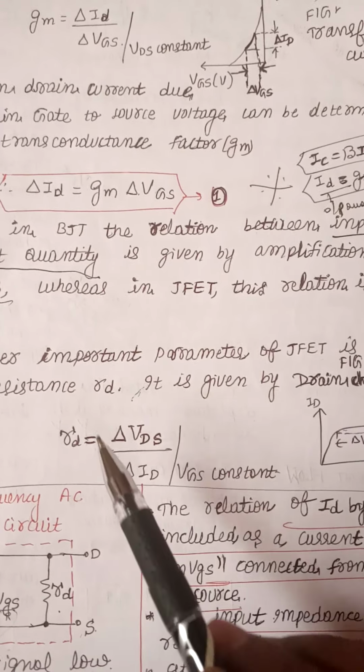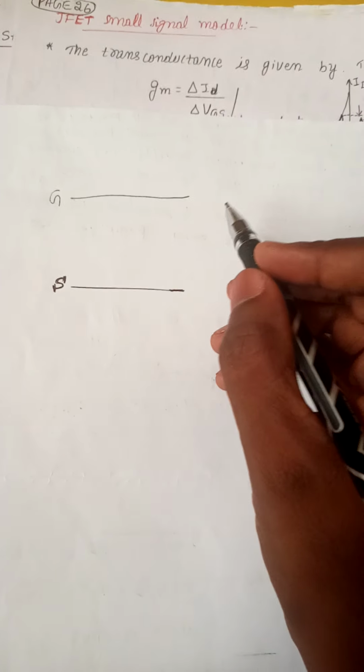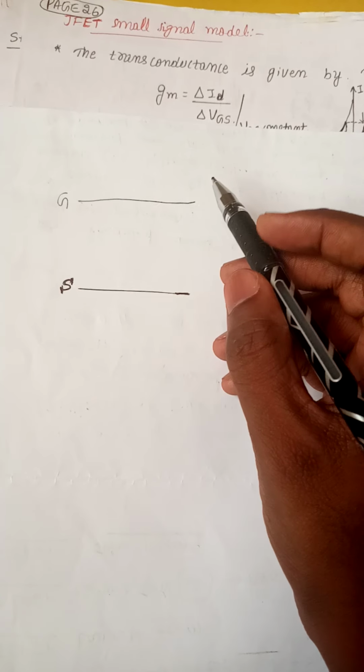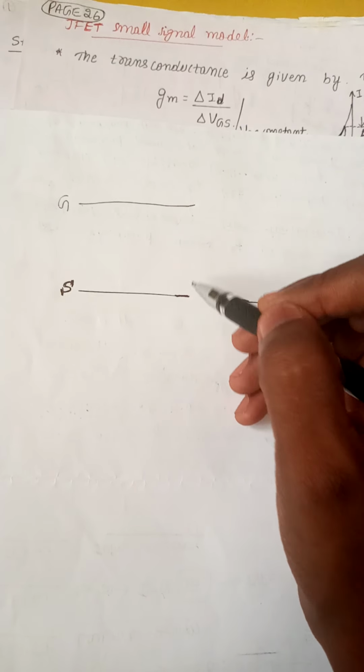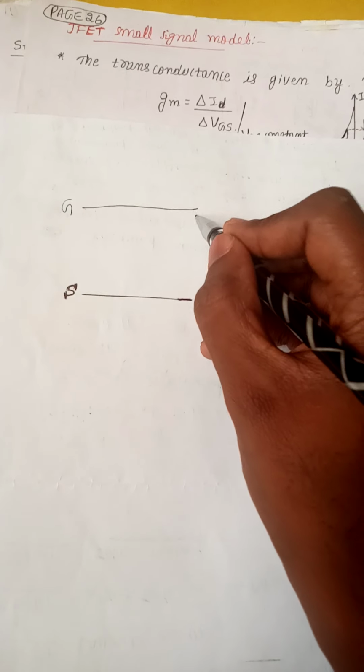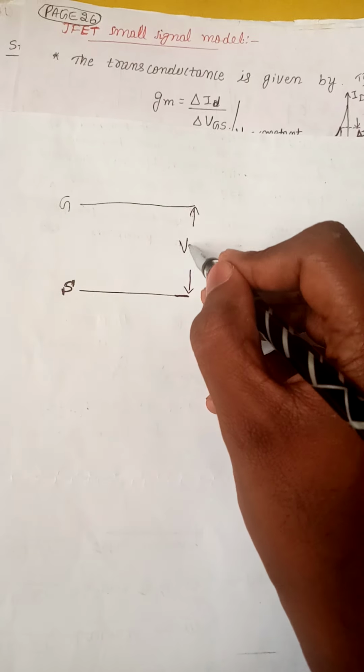In the input part you have the gate. As you know, JFET has high input impedance. So at the input part of the circuit you should not connect anything, because for an open circuit the impedance is very high. Keep it in your mind. Therefore, you have to keep an open circuit here. The voltage measured across these two terminals is VGS.